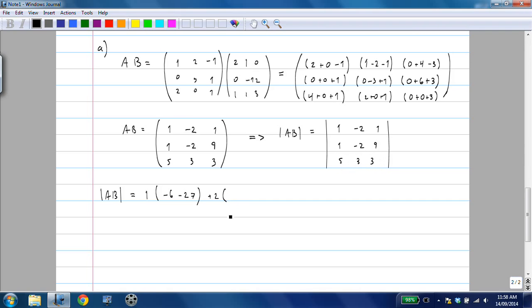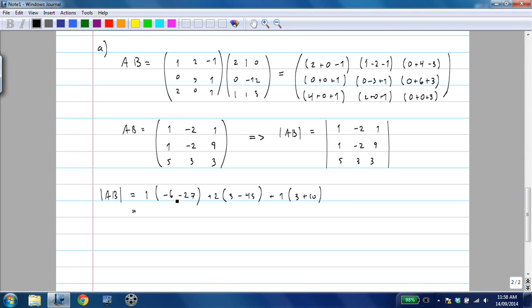So 1 times 3, so you get 3 minus 5 times 9, which is 45. And then lastly, we'll have plus 1 times the determinant of this matrix here. So 1 times 3, so you have 3. And then minus minus 10, so plus 10. And this will be the determinant.